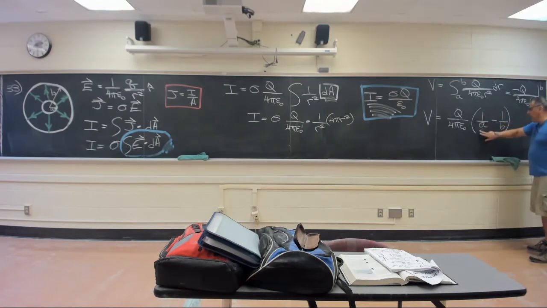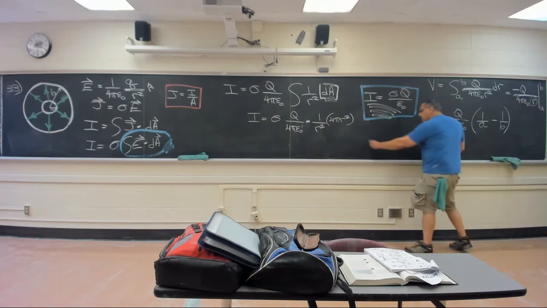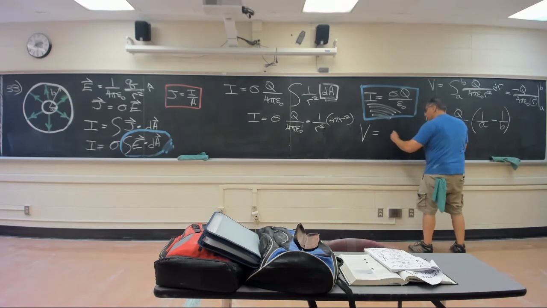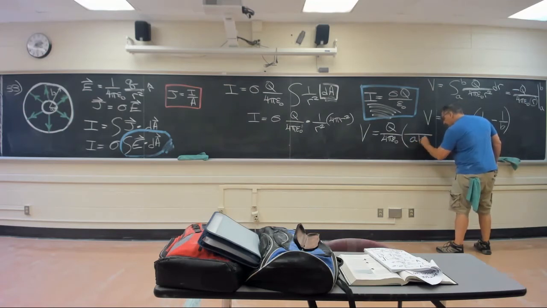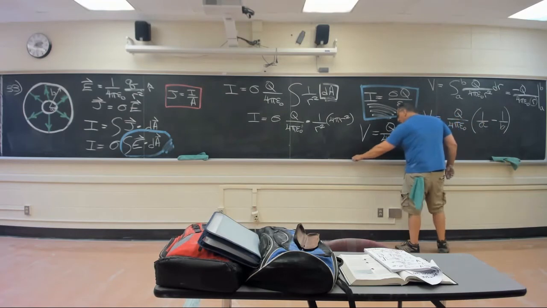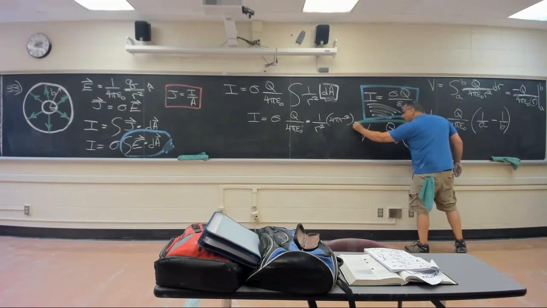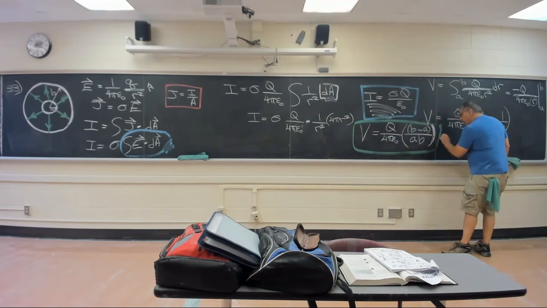So you got B over AB minus A over AB. You got a common denominator. Write it down. All right, that could be useful.